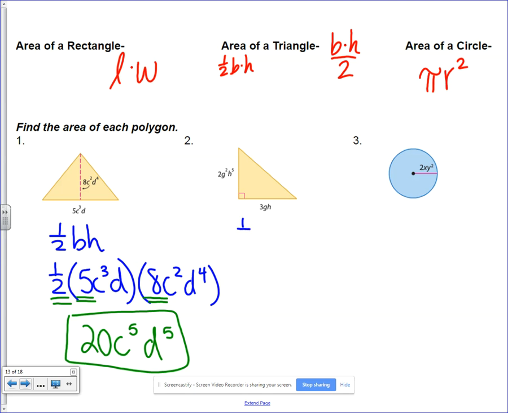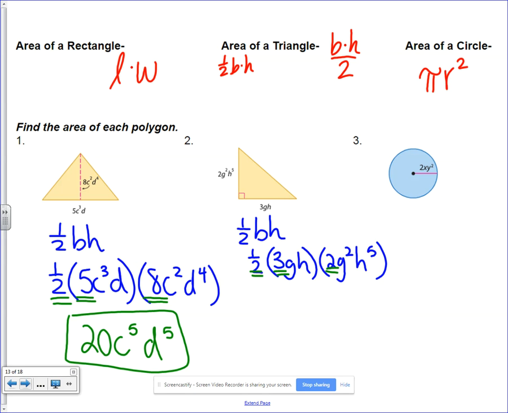Same formula, right? Can you tell me what the base of this triangle is? Okay. And the height? Okay. Is this a problem with an outside power, or is this a multiplication problem? This is just multiplication, right? Okay, so we're going to multiply the coefficients.